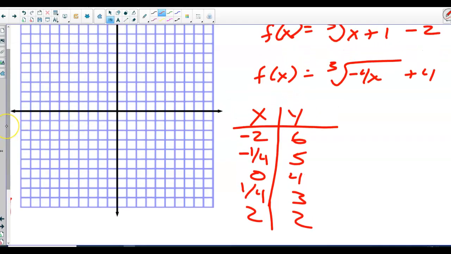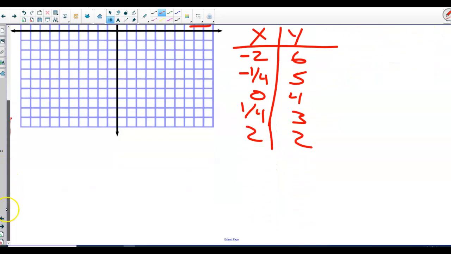So, negative 2, 1, 2, 3, 4, 5, 6. Negative 1/4, 5 is like that. 0, 4. 1/4, 3. And then 2, 2. And that's what your graph looks like. Once again, it's a cube root.